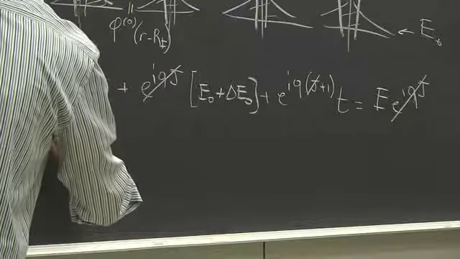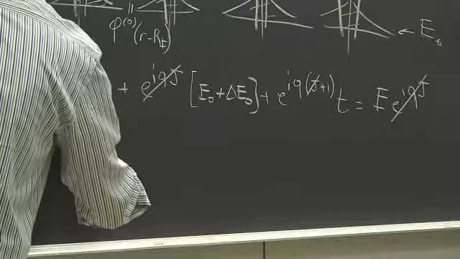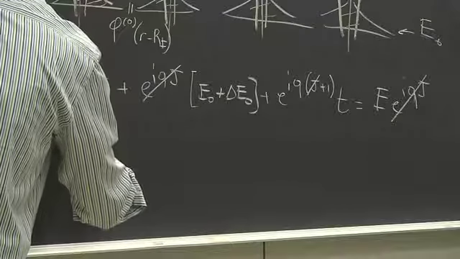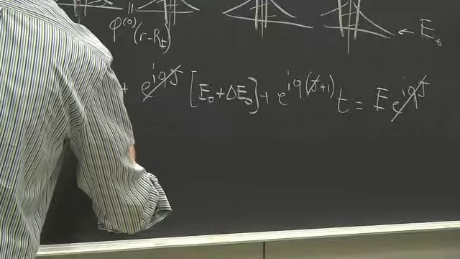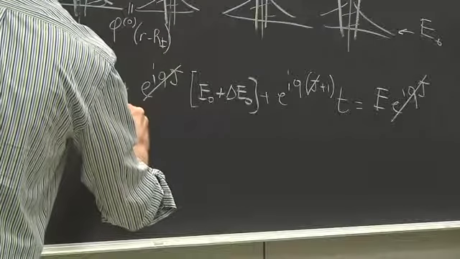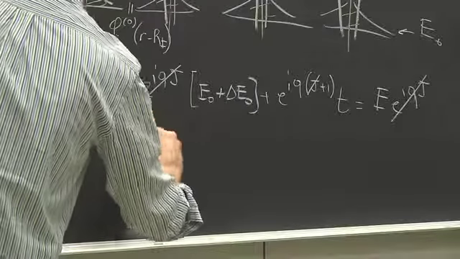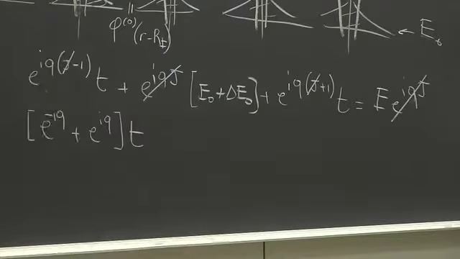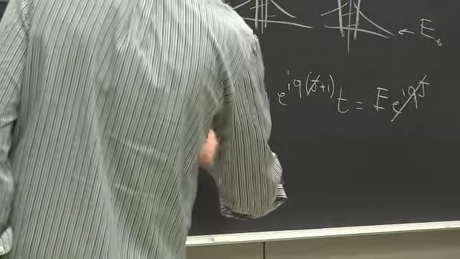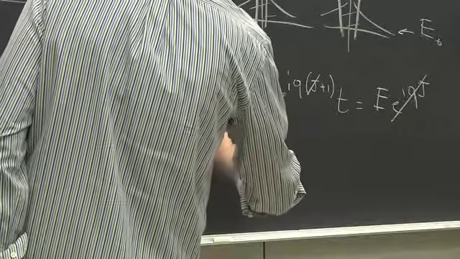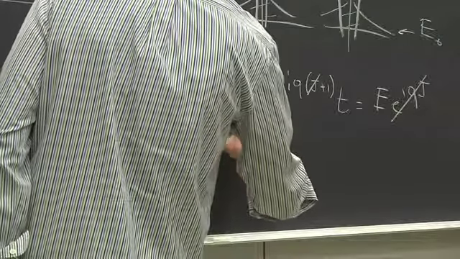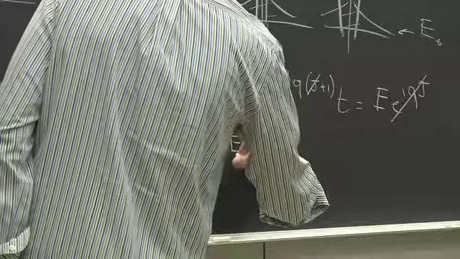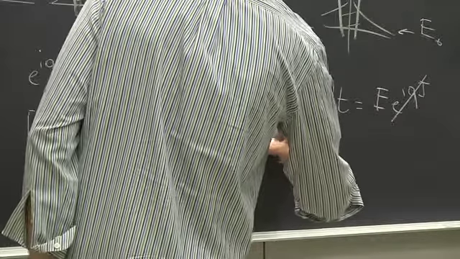I'm grouping the term with t, first term and last term of left-hand side, e to the minus iq plus e to the iq times t, plus E naught plus delta E naught equals E.